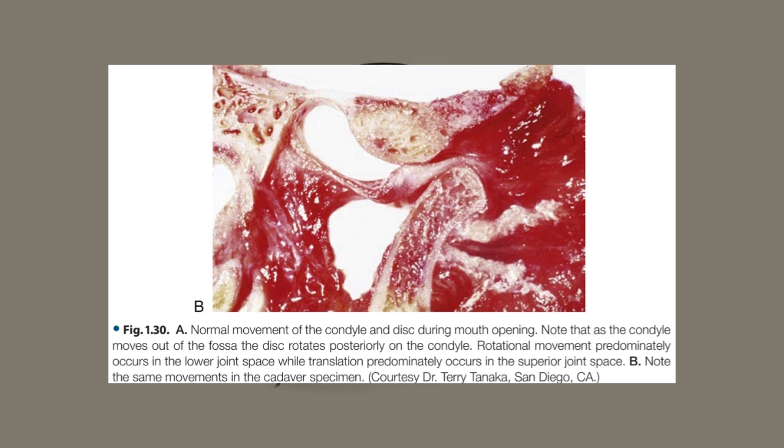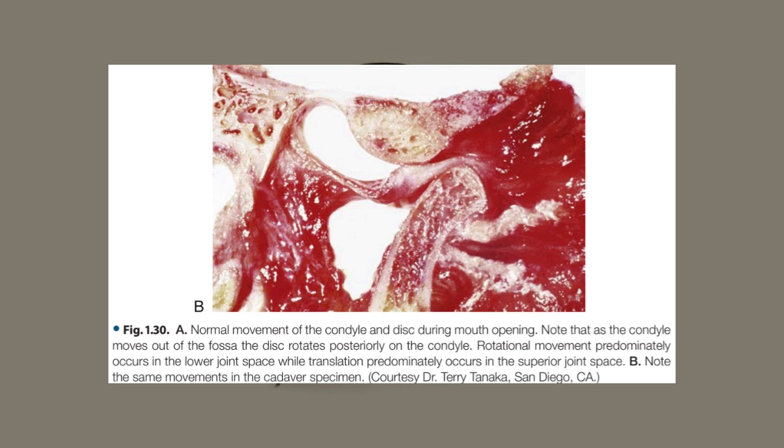This is an important principle in understanding joint function. Likewise, it is important to remember that the superior retrodiscal lamina is the only structure capable of retracting the disc posteriorly on the condyle, although this retractive force is only present during wide opening movements.